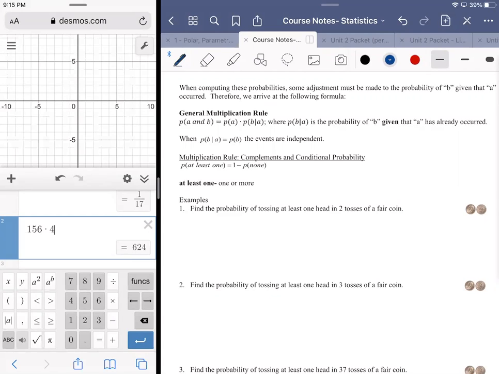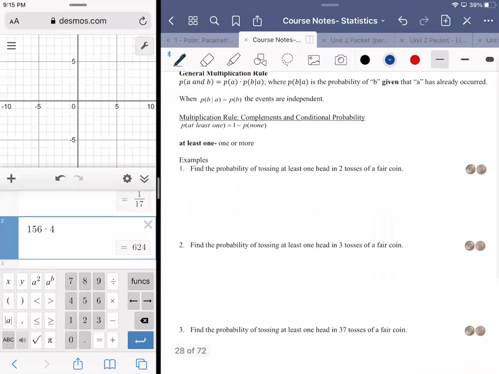Right? So this technique allows us to take advantage of the idea of complements, the opposite of the event that you're looking to find. If finding the probability of the opposite of the given event is simpler than the given event itself, then there's an advantage to doing that, right?